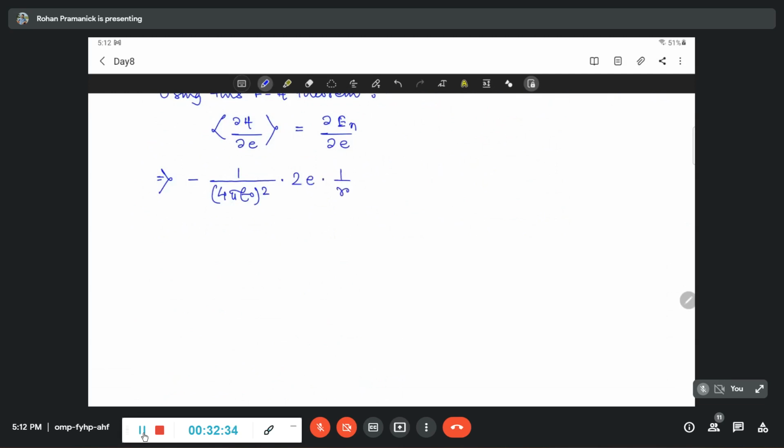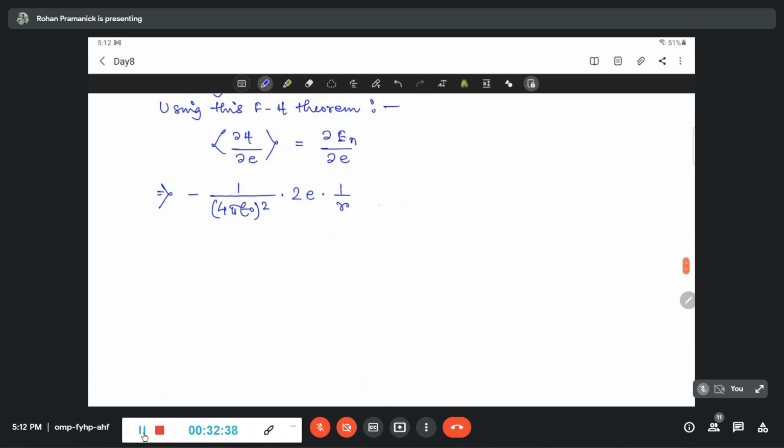It doesn't affect it, because it is not a function of E or R, and you have an expectation value over here, and it says that this is the derivative of En. We know what the value of En is.